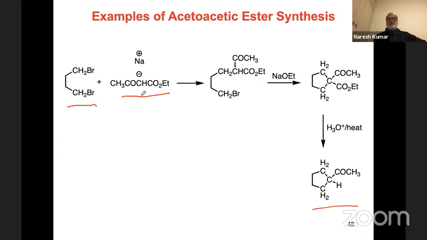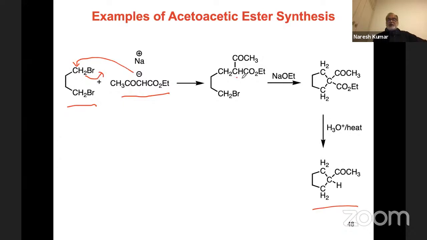The only difference is you have a different starting material, which is an acetoacetic ester compared to a malonate ester. The underlying chemistry is exactly the same. You generate the carbanion, which then attacks your CH2 and kicks out one of the Br first to form that carbon-carbon bond over here.